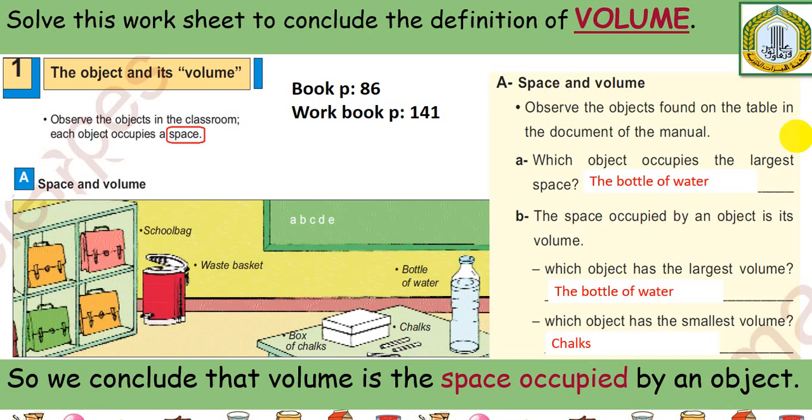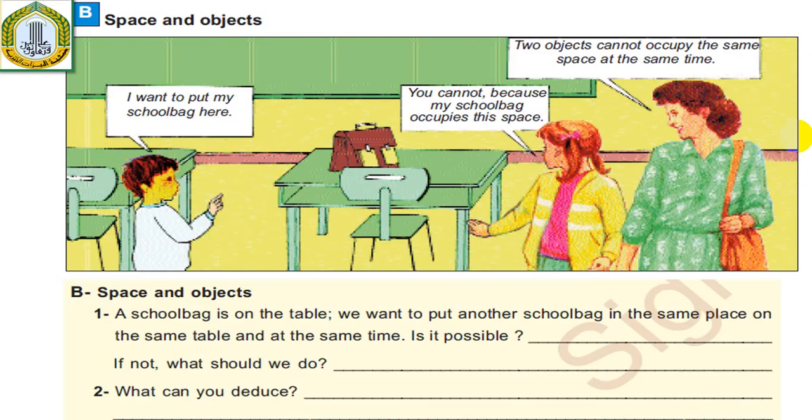Well done, my dear. Now we have to continue in the same book and on the same page, in the book and workbook, to know more about volume. So, observe this document with me. Here we have a student who says he wants to put his school bag here.